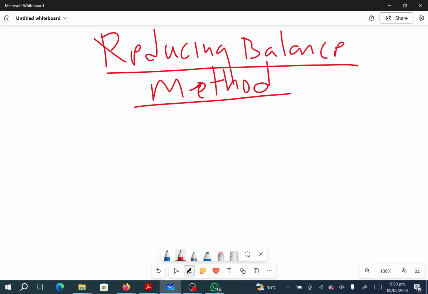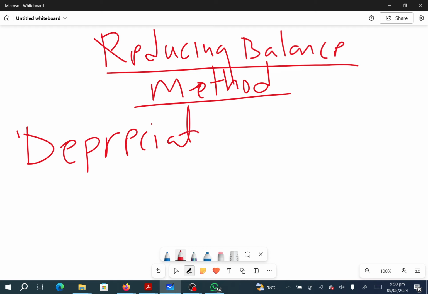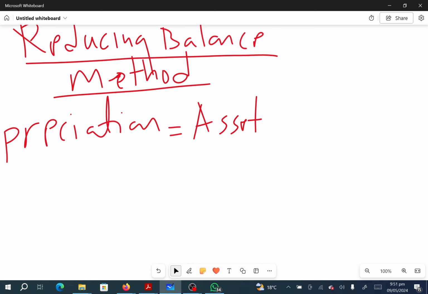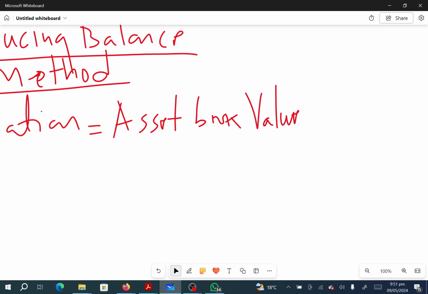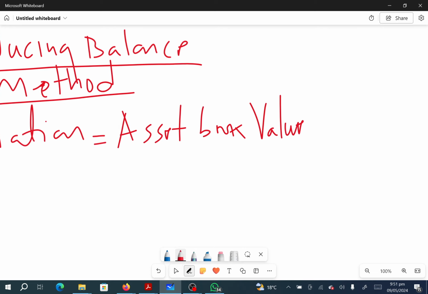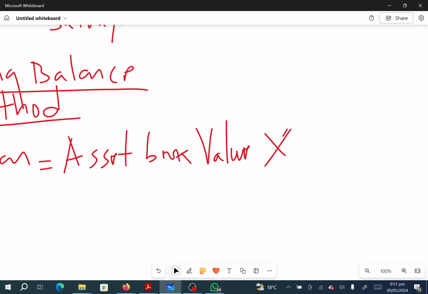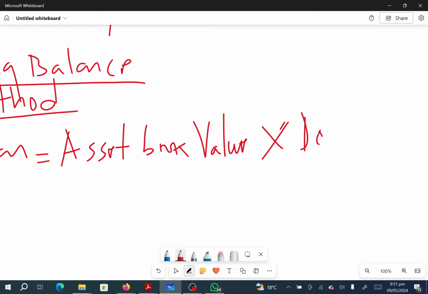So under reducing balance method, we are saying depreciation is equal to asset book value multiplied by the depreciation rate.